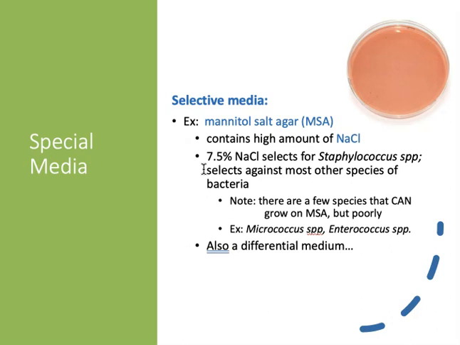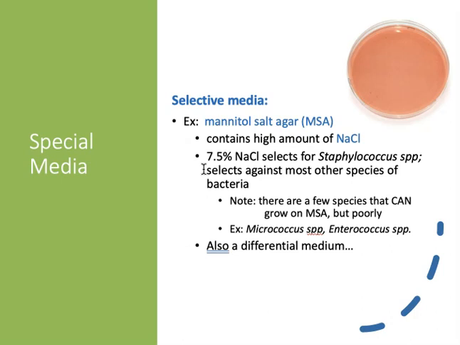There are a couple of species of bacteria that can grow on MSA, but they only grow quite poorly. And when I say poorly, I mean the colonies are going to be smaller than normal, and they're going to be poorly developed.